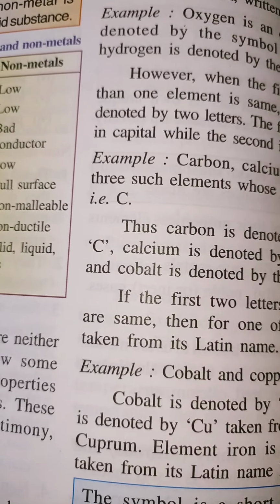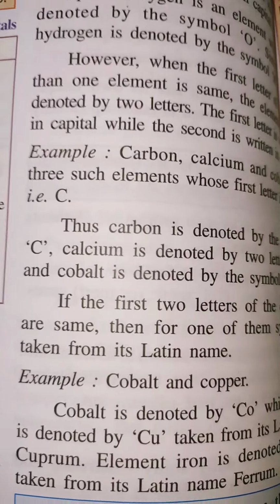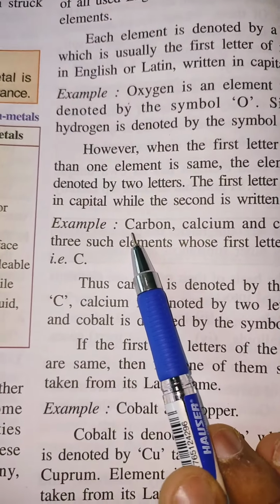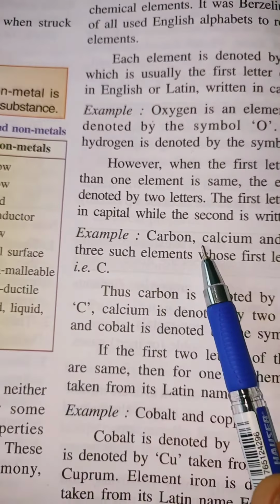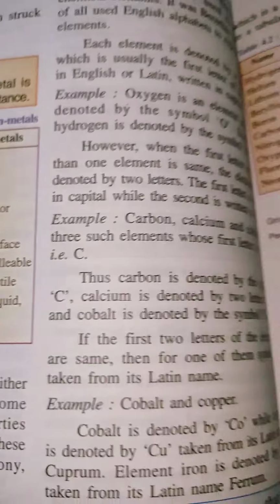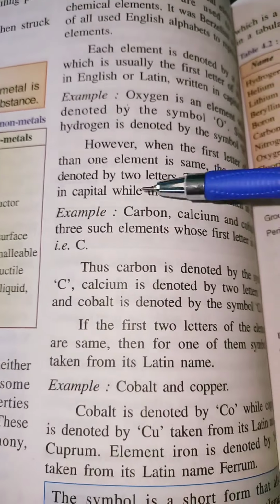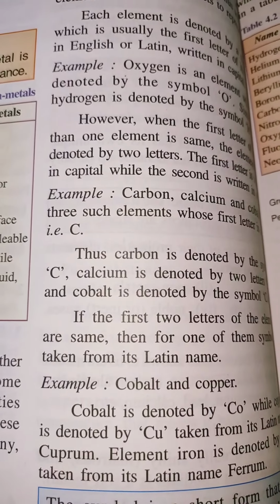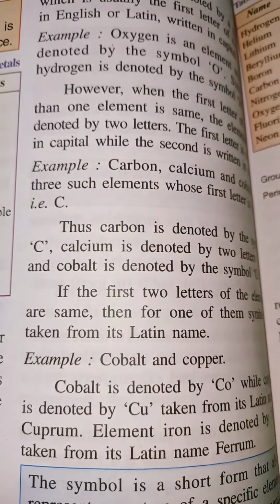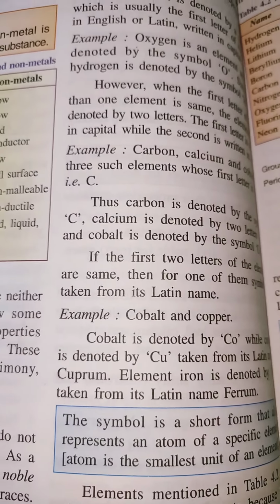Then we started taking the second letter of the element. Suppose there is carbon, so carbon has Ca, and then there is calcium, it also has Ca. So what was decided is that if the first two letters are the same, then the first letters of the element's name in the Latin language will be considered.